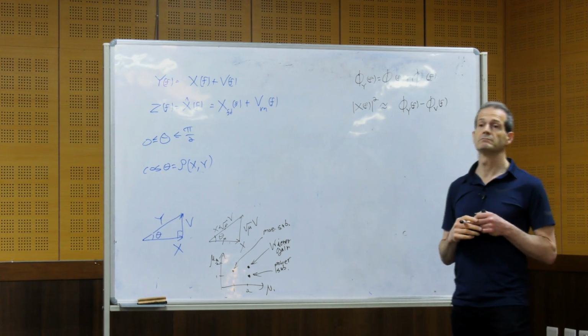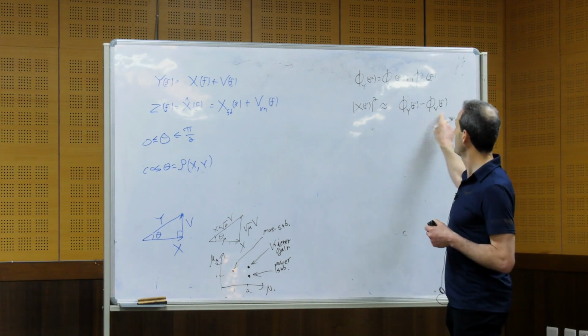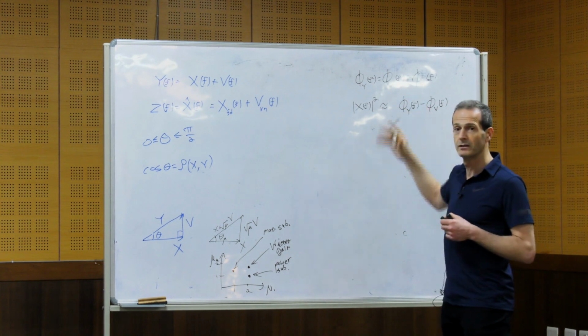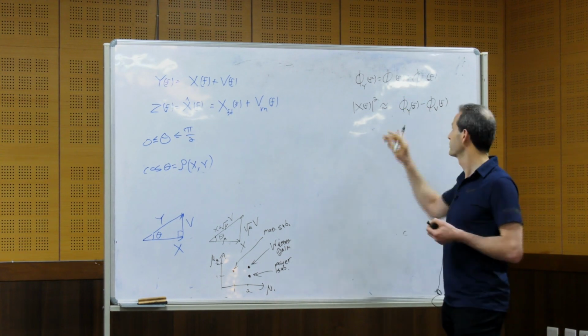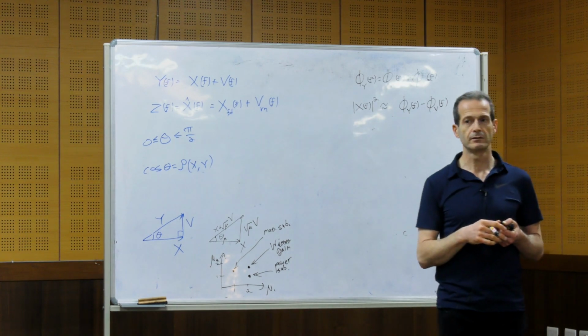Okay? This is one step. So this is power subtraction. Power subtraction, because it's the power, the variance, the power of y. Okay, this is the first step. Let's move on.